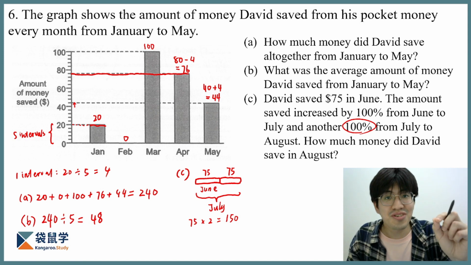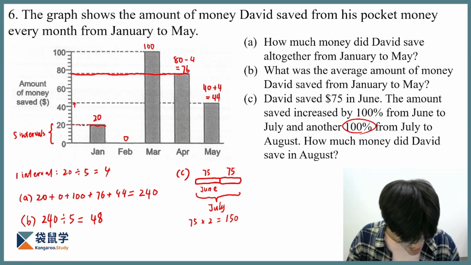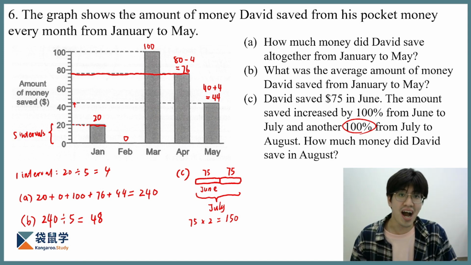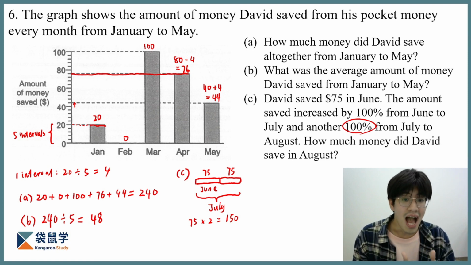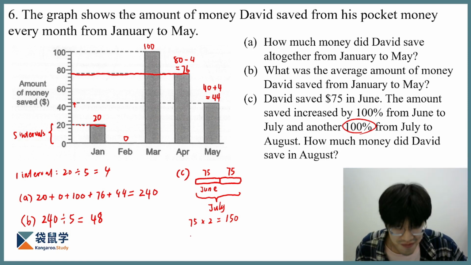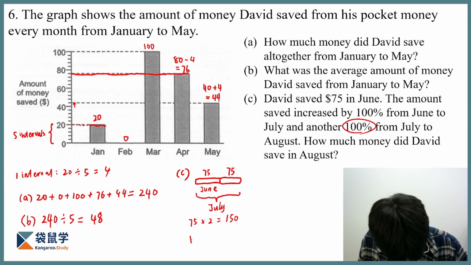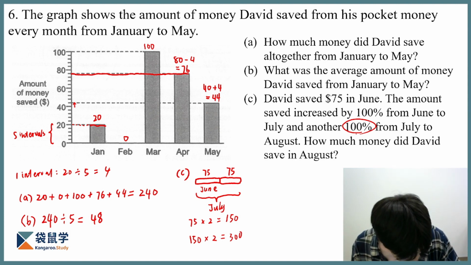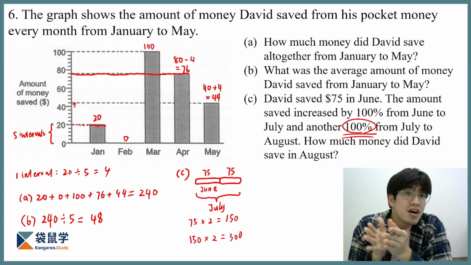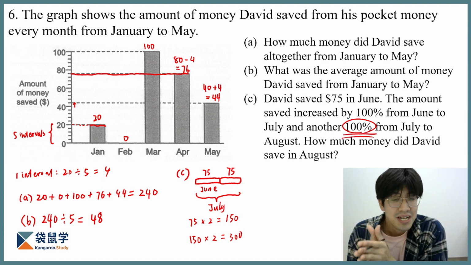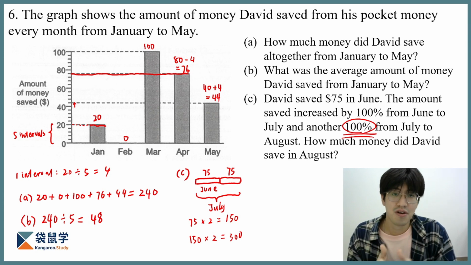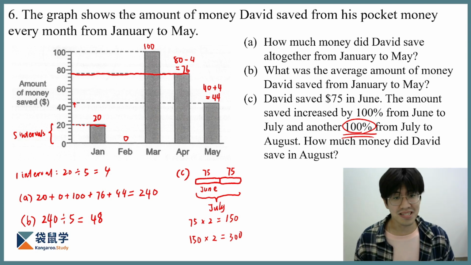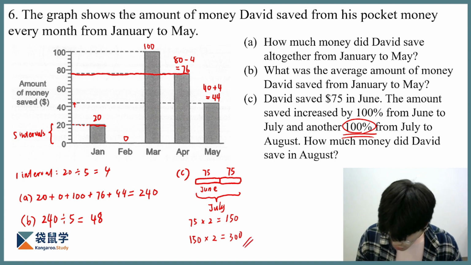So make sure you make clear sense of this. Now we are not going to take 75 times 3. We have to take 75 times 4, which is nothing but 150 times 2, and then we get 300. Because this 100% refers to the amount in July. So we have to double the amount from July. So the answer to part C is 300.